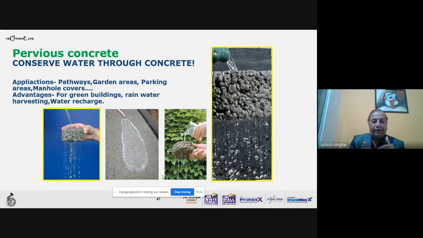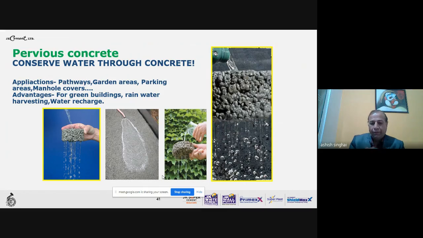Every second year, we keep hearing, we keep reading the news that so and so village or town has completely gone out of water with the very onset of summer. Why does it happen? Because we are continuously extracting the groundwater by virtue of various bore wells, and we are not giving any focus to recharging it.